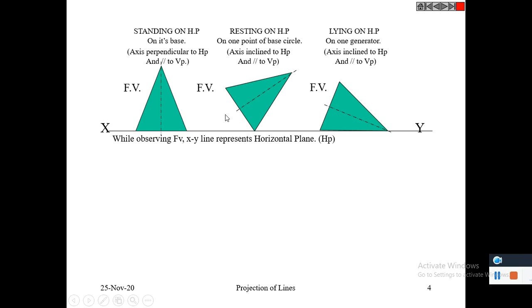The same is tilted rightwards, or resting on HP on one point of the base circle. It's a cone, one point of base circle, axis inclined to HP and parallel to VP. This is lying on HP on one generator, its axis inclined to HP and parallel to VP.